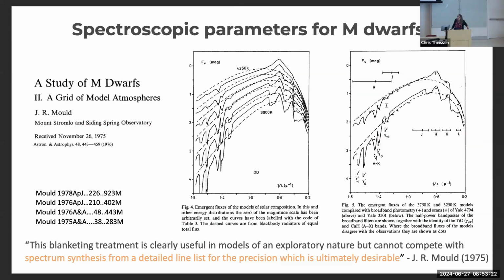So since I'm going to start talking about spectra, I want to show you this very early work from Mould in 1975.